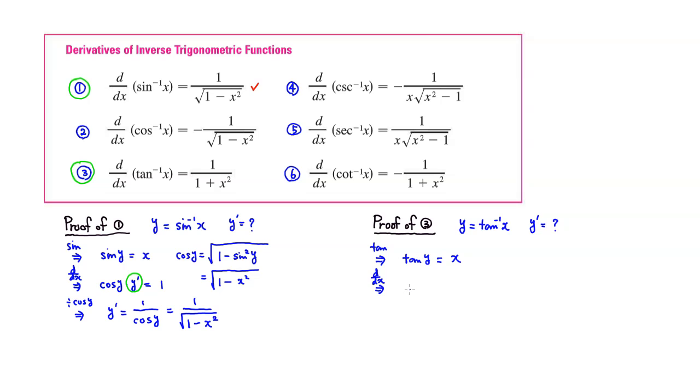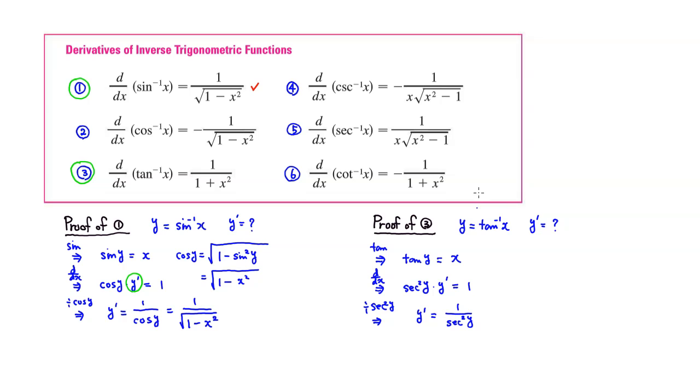The derivative of tangent is secant squared, so you have secant squared of y, but you have to do the chain rule, multiply by the derivative inside. And the derivative of x is again 1. Then we can divide through by secant squared of y. So y prime is equal to 1 over secant squared of y.